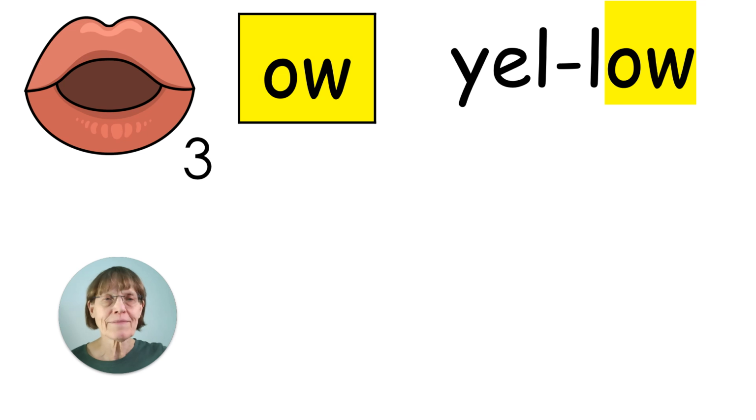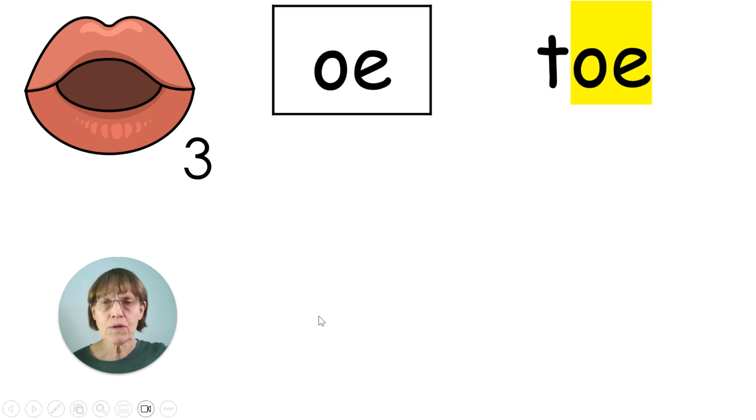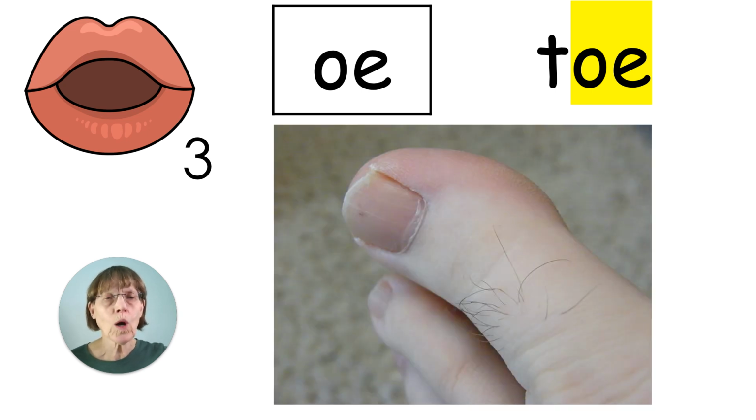Please read. This is a 2-syllable word. E-L-Low, yellow. Yellow, the color yellow. A 2-beat word. T-O, toe.